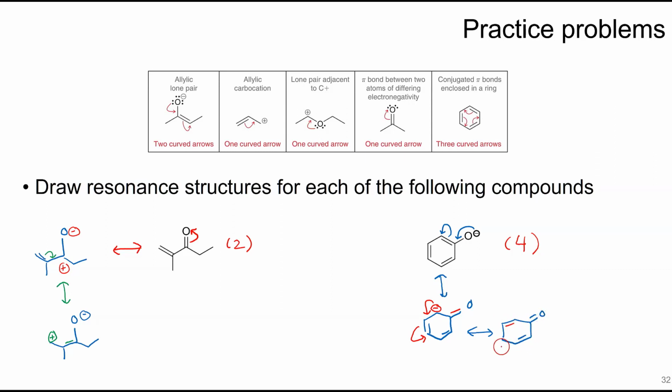So the double bond forms here. There's a negative there. And then these electrons can come in to form a double bond here. Those ones go onto that carbon. You can draw these electrons back into here, and those will go on to the oxygen. Then we get that one there. So those are the 4 resonance structures you can draw on that one.